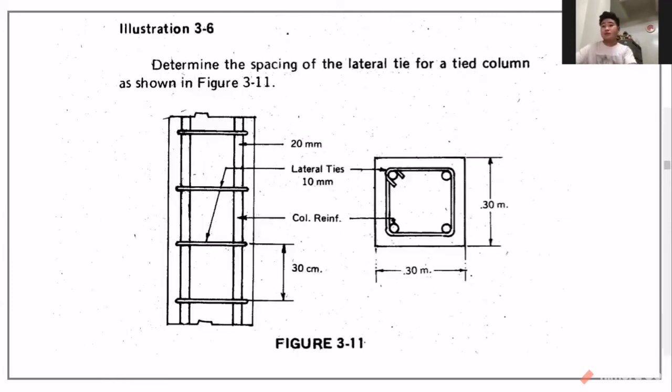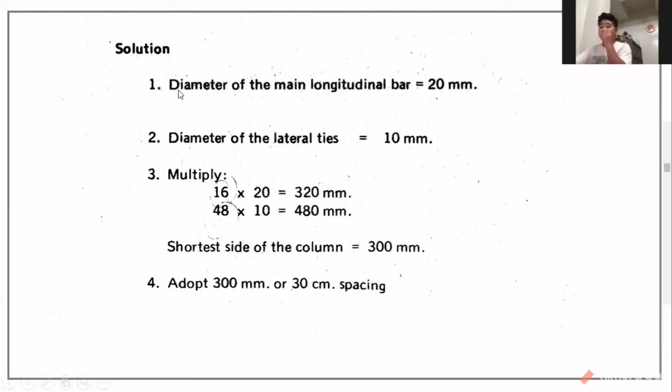Okay, so our problem is to determine the spacing of the lateral tie for a tied column as shown in the figure. So first step: the diameter of the main longitudinal bar is 20 millimeter. Then next is the diameter of our lateral ties is 10 millimeter.